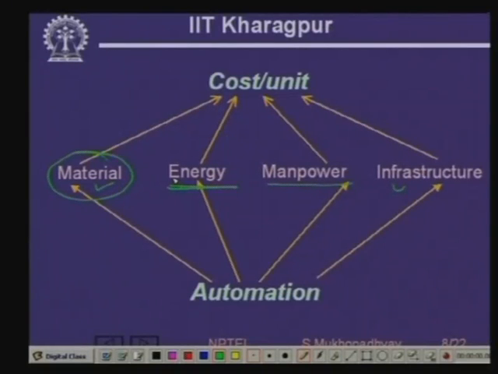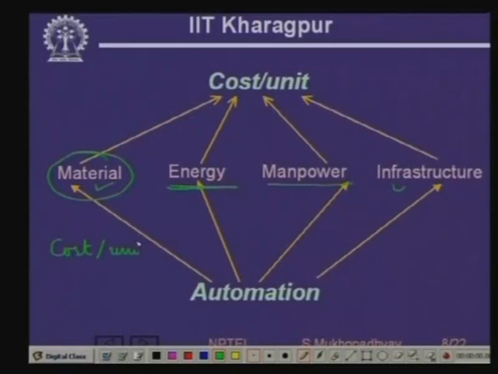And finally, infrastructure costs come down because using automation you can produce a much larger number of units in a given time, during the time that your infrastructure is going to be used.